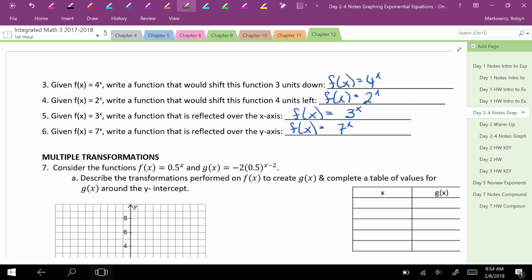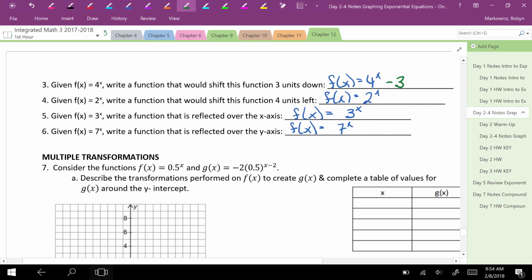How would I have to change this to shift it 3 units down? Minus 3. Do you want it inside the exponent or outside? Outside the exponent. Good. Minus 3 outside the exponent.